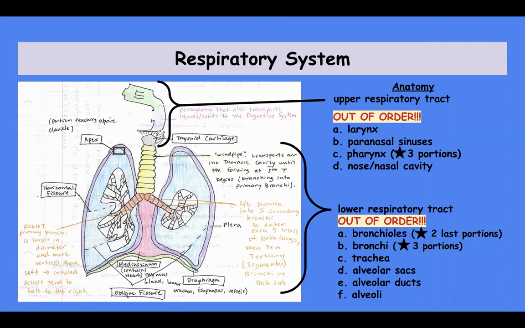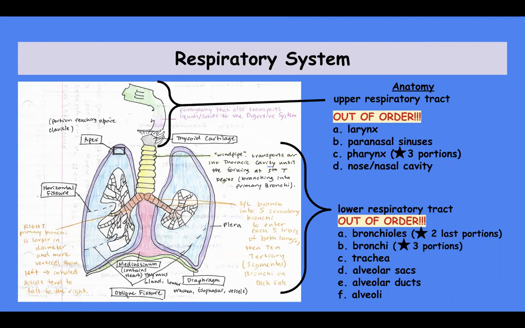We have the upper respiratory tract, or the upper portion of the respiratory system, and then what's called the lower respiratory tract, or the lower portions. The different components of the respiratory system, the different organs that make up the system, we can categorize based on if they're part of the upper respiratory tract or the lower respiratory tract.